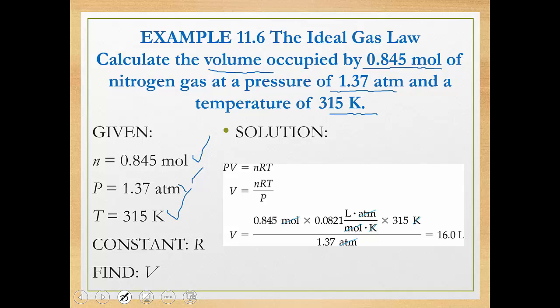I need Kelvin, I have Kelvin, and I have the constant R. So I can find volume, and I just need to know that volume then is going to be in liters. So I can set it up, PV equals nRT, solve for volume right here, plug in the numbers, and I find that the volume of this gas would be 16 liters.